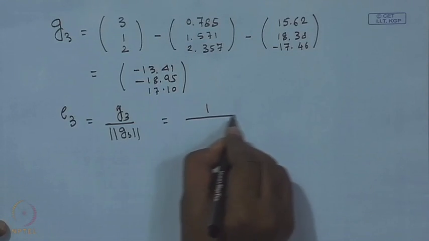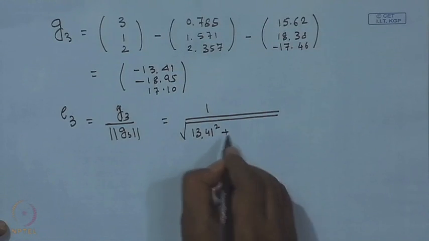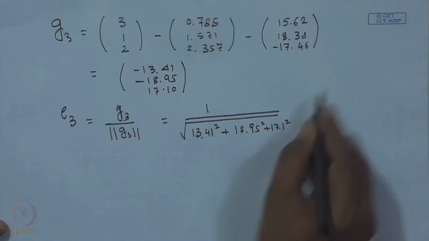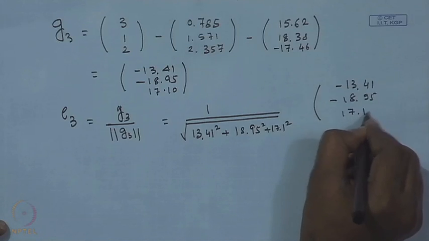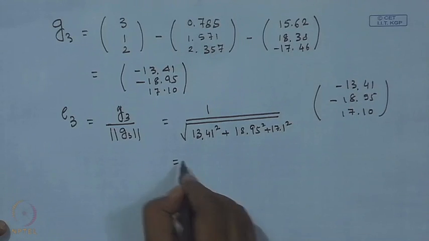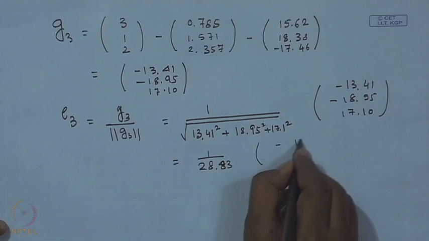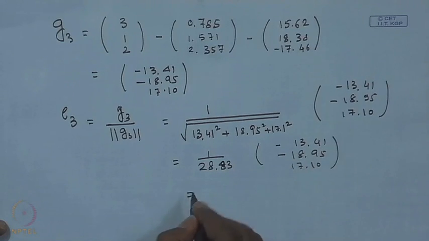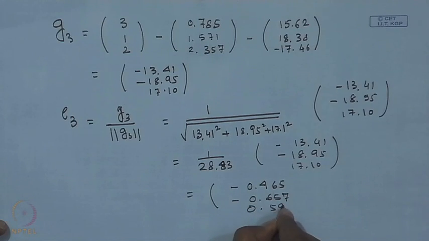So, this will be 1 over root over 13.41 squared, this minus will be gone when the square is taken, 18.95 squared plus 17.1 squared, times the vector 13.41, minus 18.95, 17.10, and after taking the square root, this becomes 1 over 28.83 times 13.41, minus 18.95, 17.1, and you will be getting minus 0.465, minus 0.657, and this will be plus 0.593.